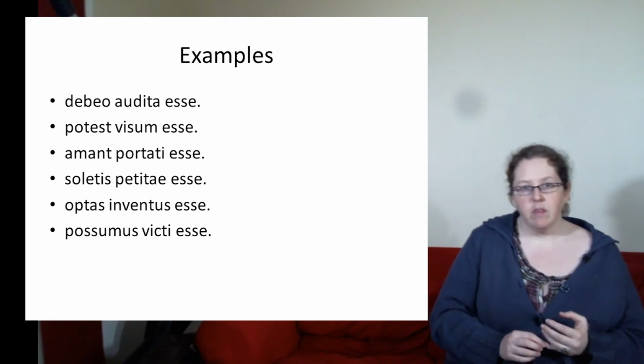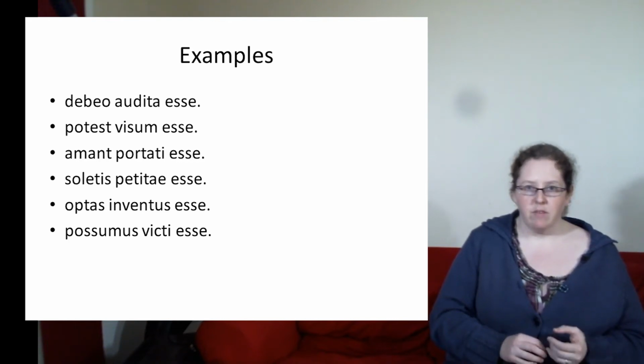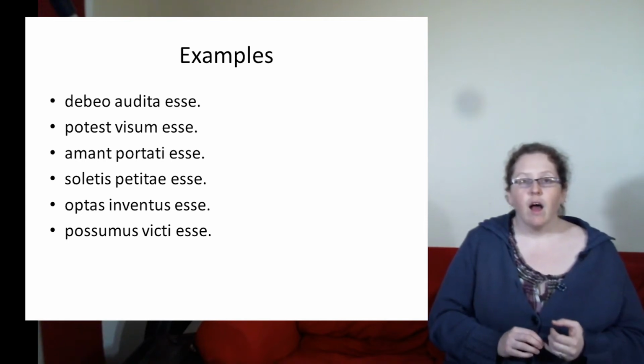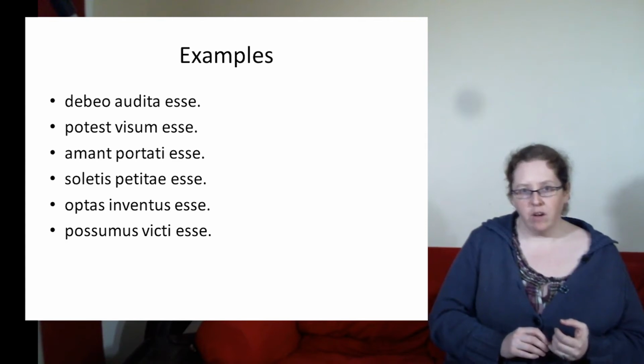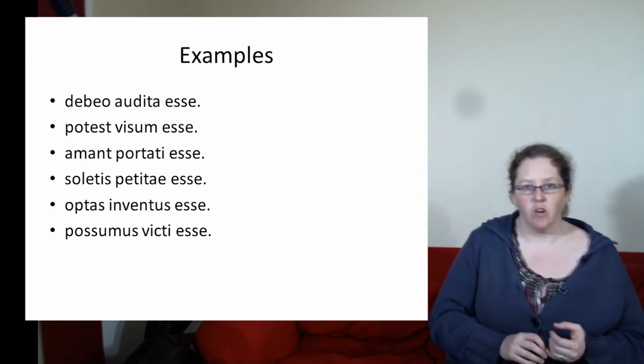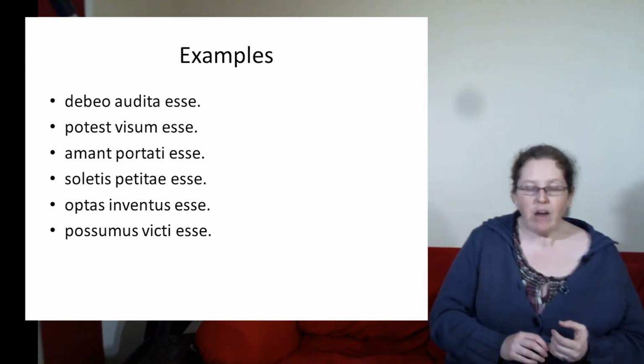Audita essa is a perfect infinitive passive, and it comes from the verb audio, which is hear. It's passive and it's an infinitive, so it is to have been heard. I ought to have been heard.